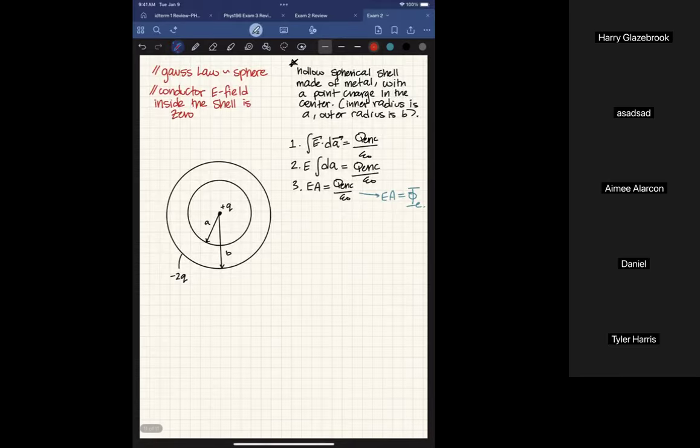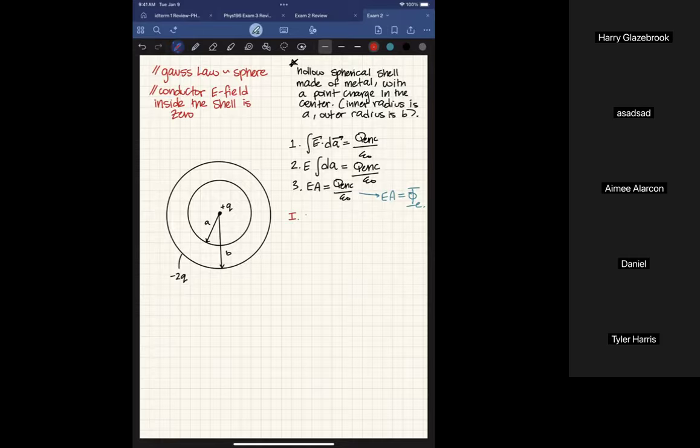So now the first region I want to look at is to find what the electric field is for everything from the start of my charged particle in the center here to my inner radius.